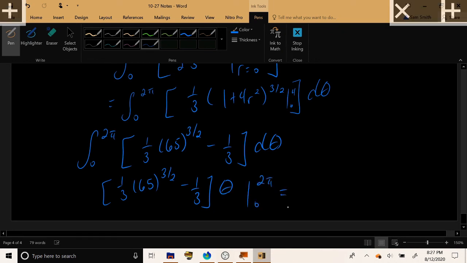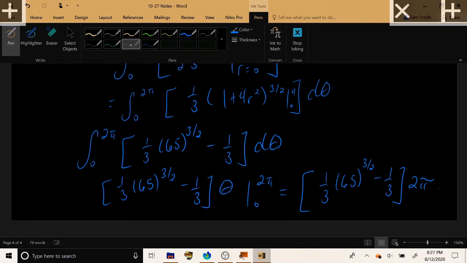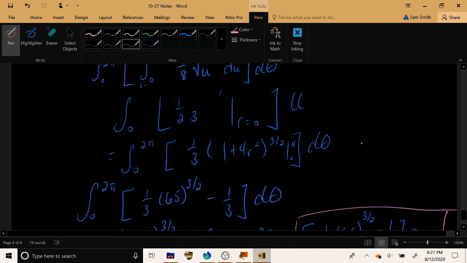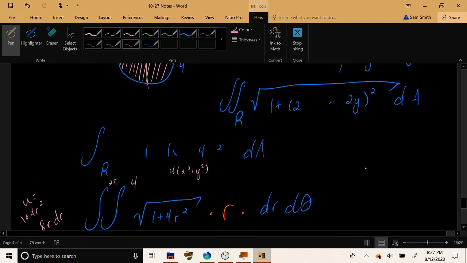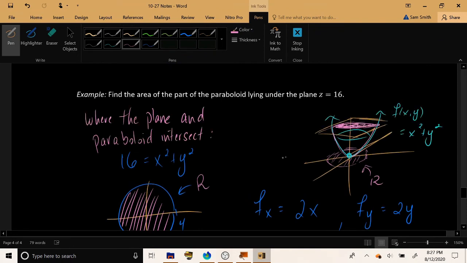And so finally, for our surface area, we obtain the quantity 1/3, 65 to the 3 halves, minus 1/3, times 2 pi. The surface area of this paraboloid. Quite amazing. There's not really any other viable way to calculate the surface area of something like a paraboloid. So this is an incredible tool.